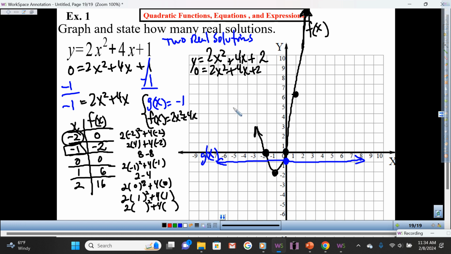What do I do next, Anthony E? Minus 2. Do that in green. Minus 2. So it's negative 2 equals 2x squared plus 4x. Now we can make a system. Tell me what to write for my system now that we have this.